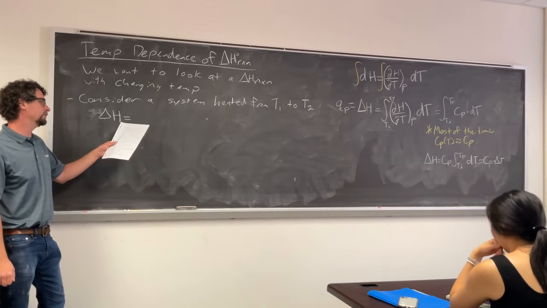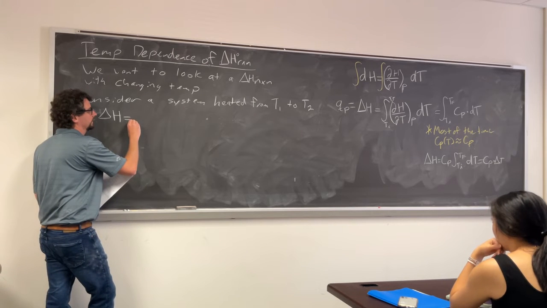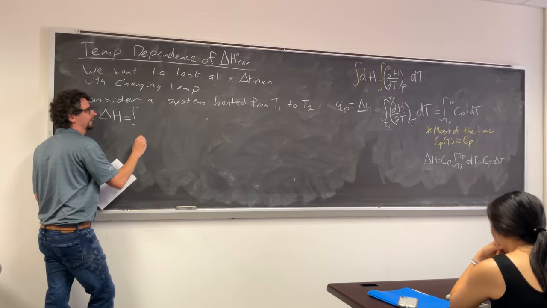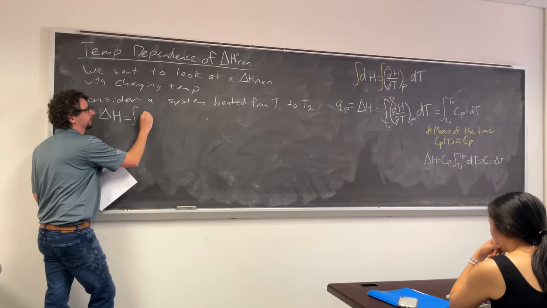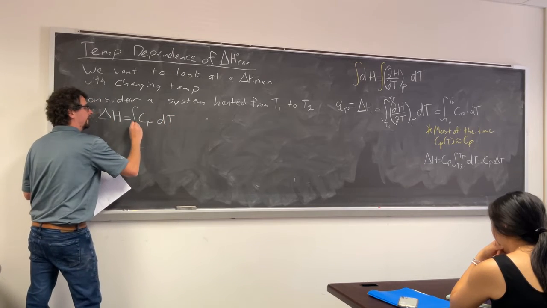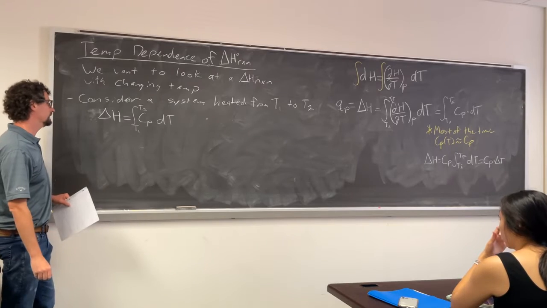How does this relate to a constant pressure heat capacity again? What do we have to do? Integral of what? The integral of CP dT, between the initial and final temperatures, T1 and T2.